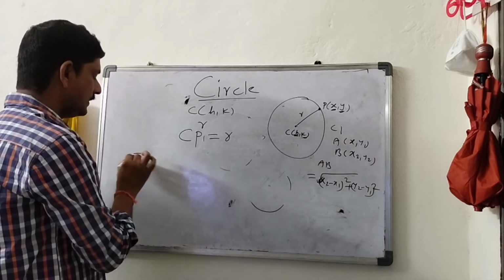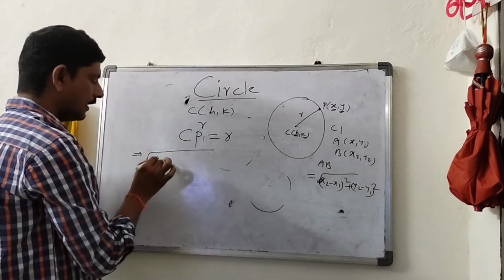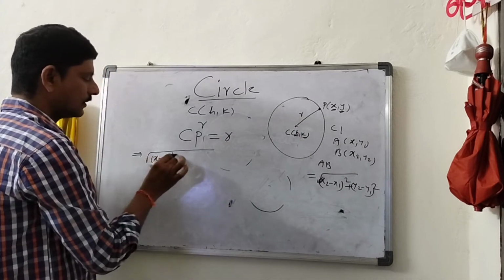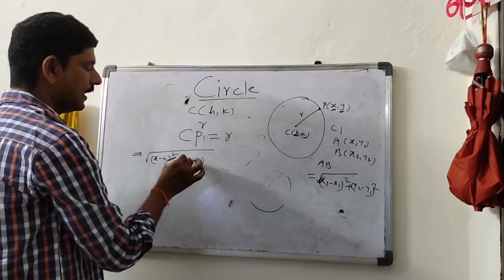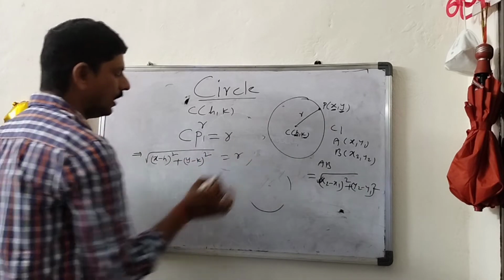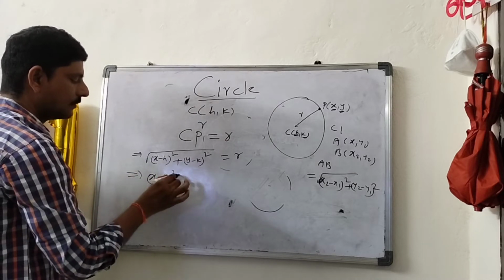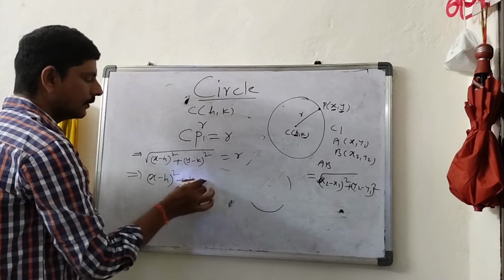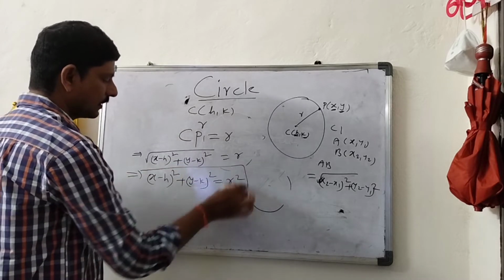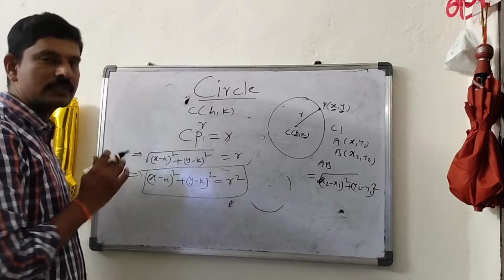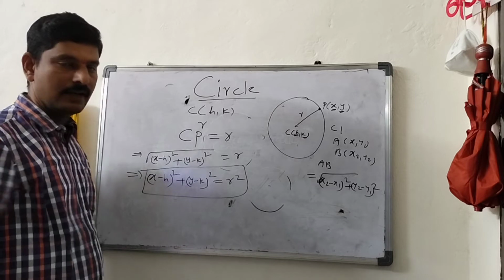Then CP is square root of (x minus h) whole square plus (y minus k) whole square equal to r. Squaring on both sides, we get (x minus h) whole square plus (y minus k) whole square equal to r square, which is the equation of the circle with center (h, k) and radius r.